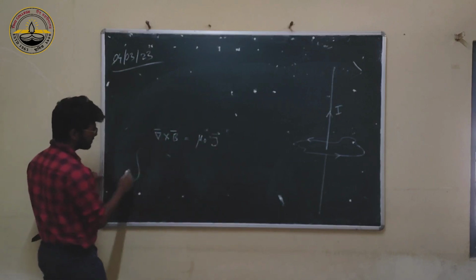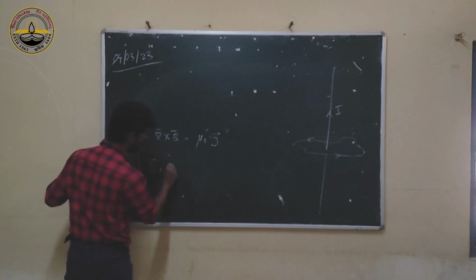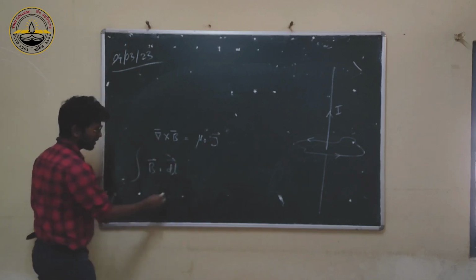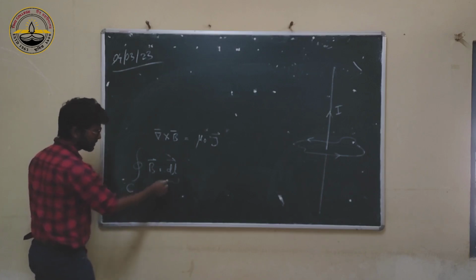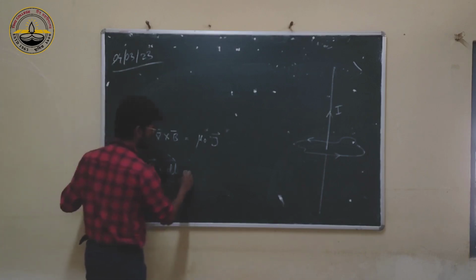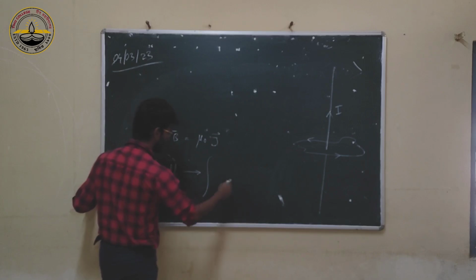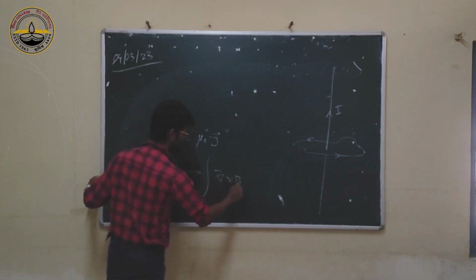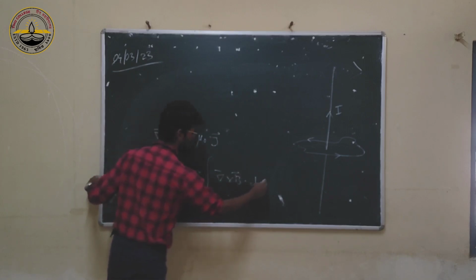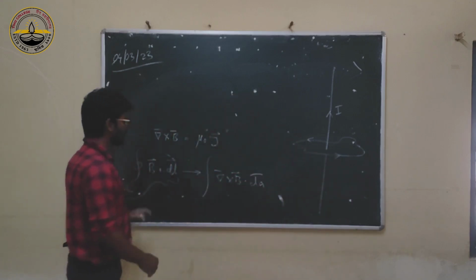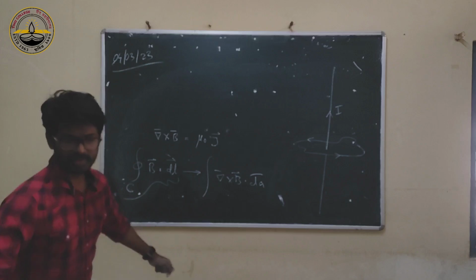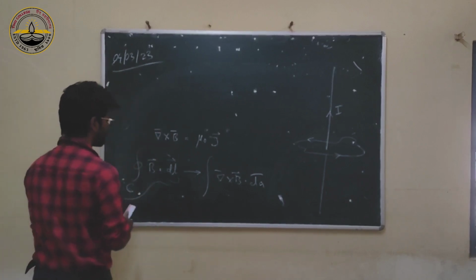We found this from B dot dl. We integrated B dot dl over this loop, and then we converted this to del cross B dot dA. A is the area covered by this loop, and then we found this identity.